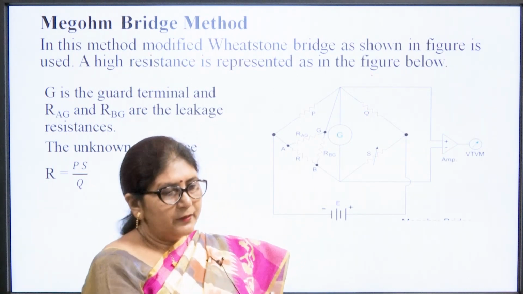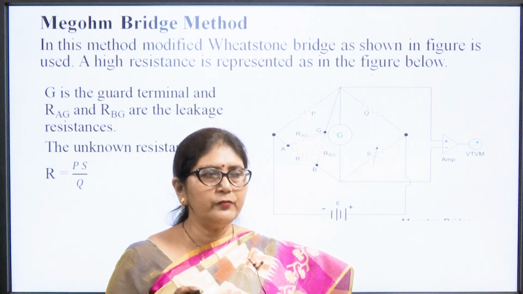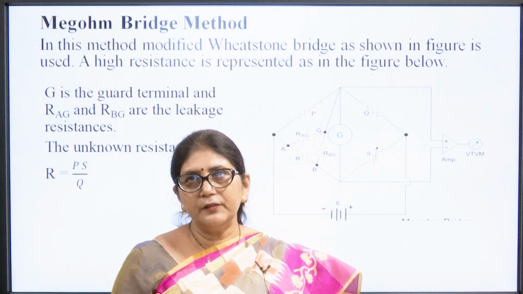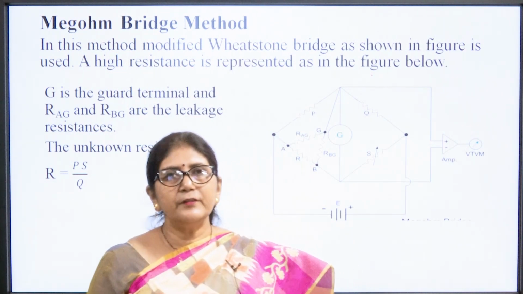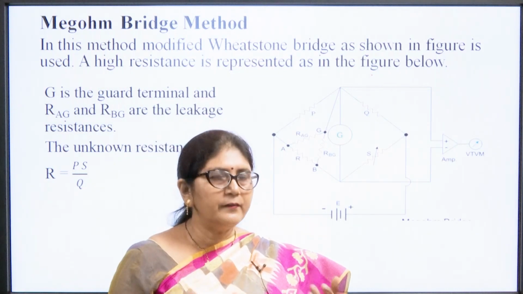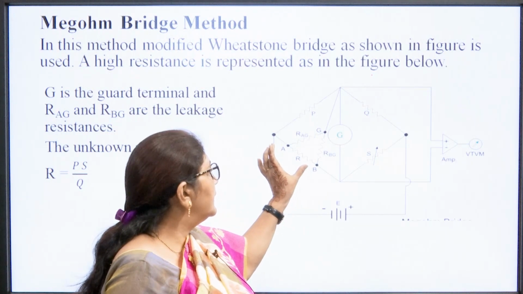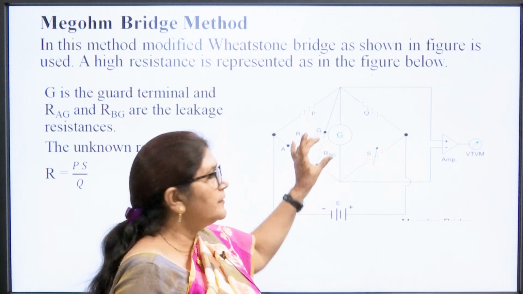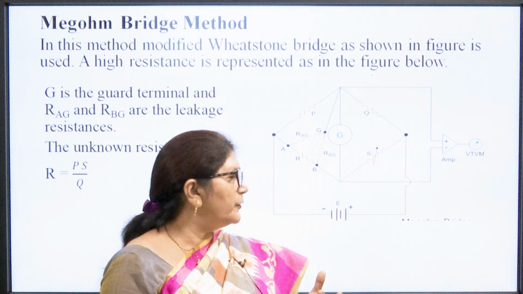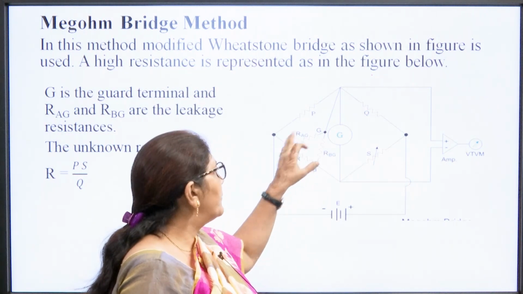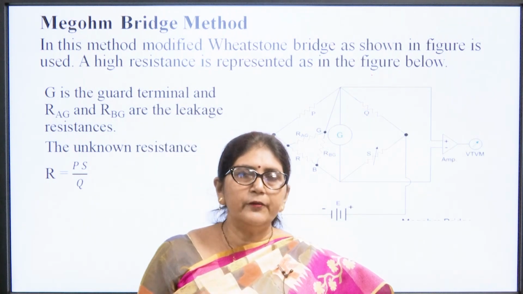Similarly, in the Megohm bridge method, we can use a simple bridge method for measuring a high value of resistance. But for high resistance there are guard terminals. Suppose this is the main resistance R, then there are also two leakage resistances produced, RAG and RBG. What will happen when we measure it by a Wheatstone bridge?